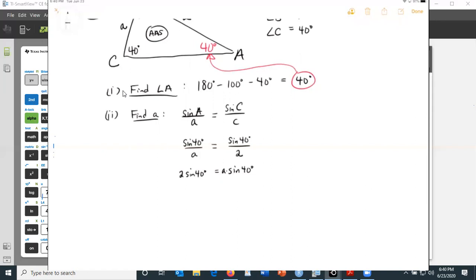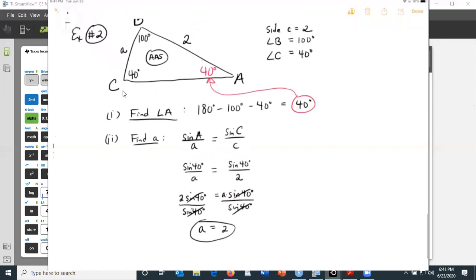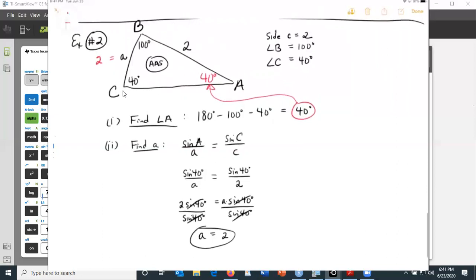And then when you divide both sides to isolate A, we're going to be dividing both sides by the expression there where A is, divide by sine of 40, divide by sine of 40. All the sines cancel out, and your answer is right there, 2. Okay? So now that's an exact answer. We didn't have to round this. So that side up there is now 2.